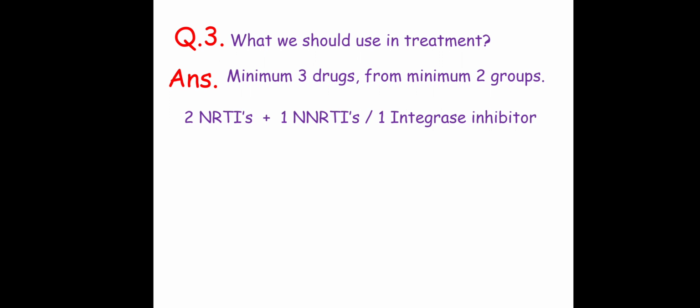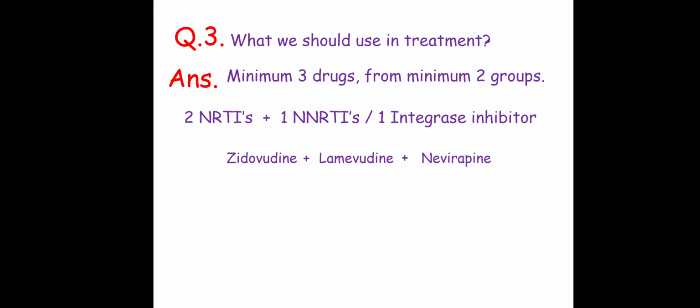Now the commonly used regimens in HIV are, we give zidovudine. What is zidovudine? Yes, zidovudine is an NRTI, isn't it? Plus lamivudine, which is also an NRTI, and nevirapine. Nevirapine is a first generation NNRTI. So zidovudine plus lamivudine plus nevirapine is the treatment.